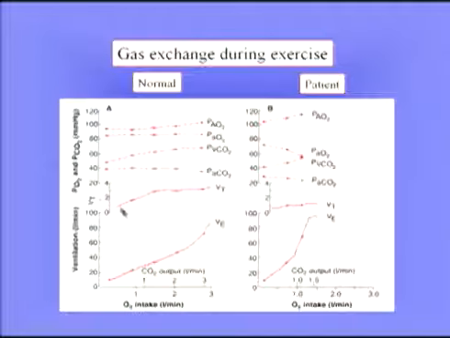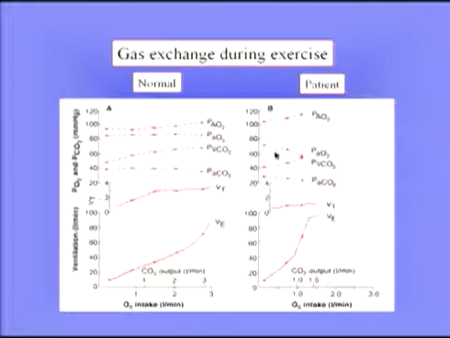You'll also notice that there was quite a substantial increase in tidal volume when he exercised, as you would expect, and also that his arterial PO2 hardly changed when he went from rest up to a fairly high level of exercise. There was almost no change in his PCO2 as well. So that's the normal pattern on exercise.